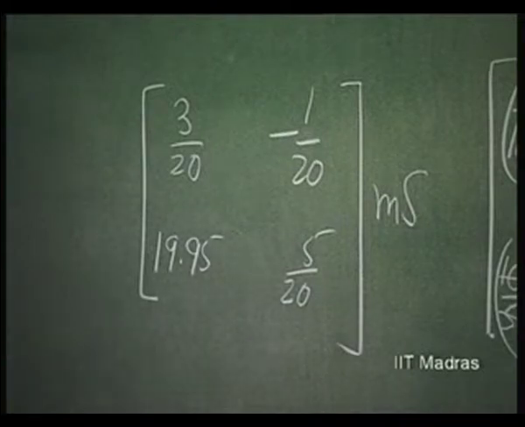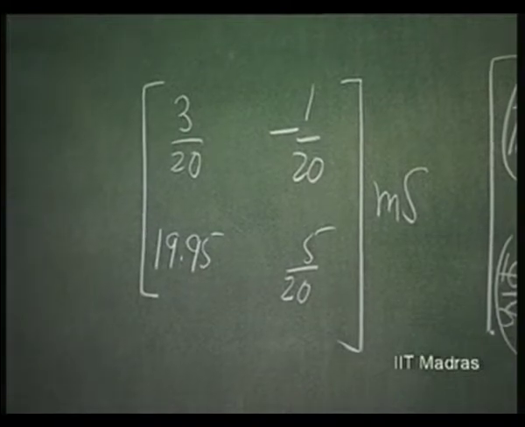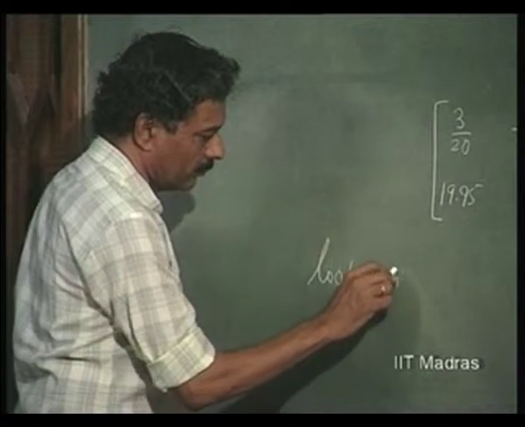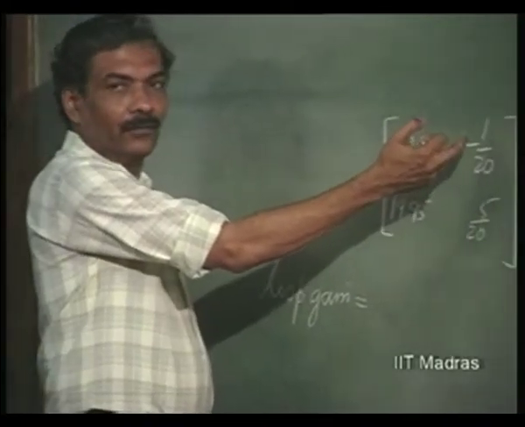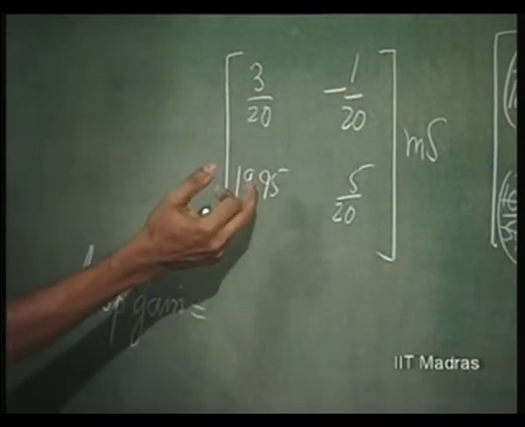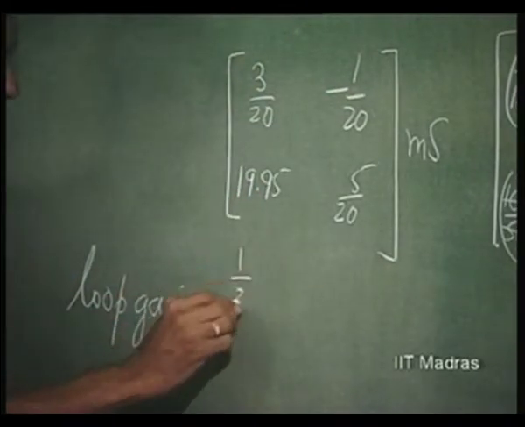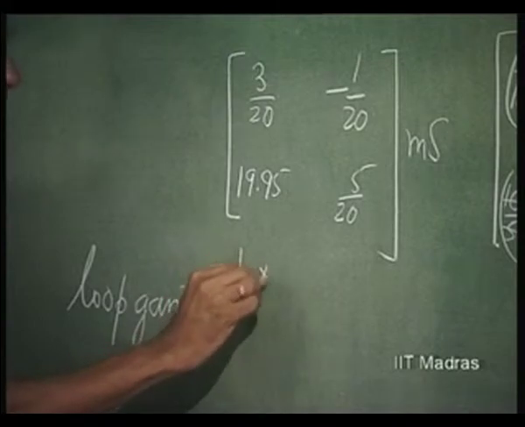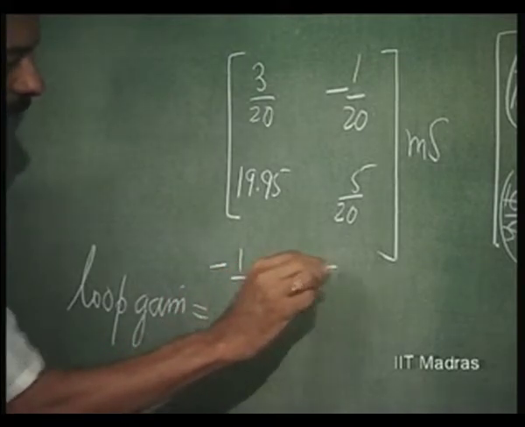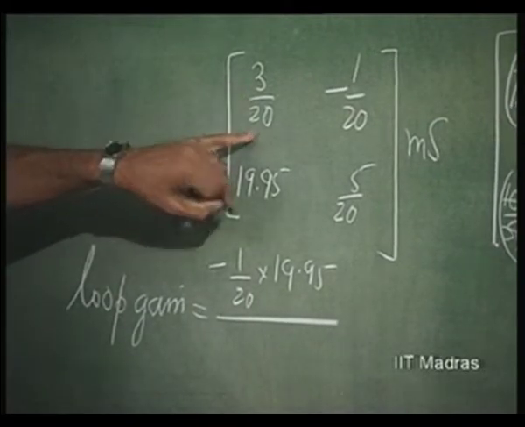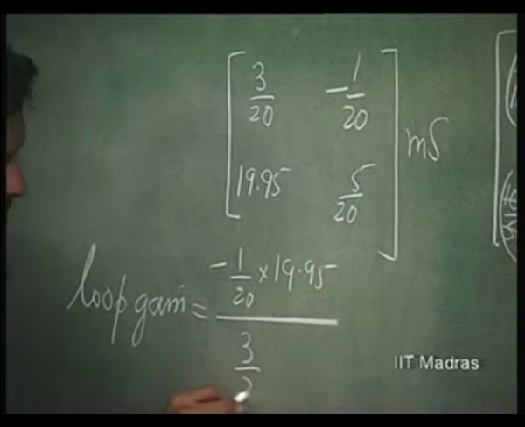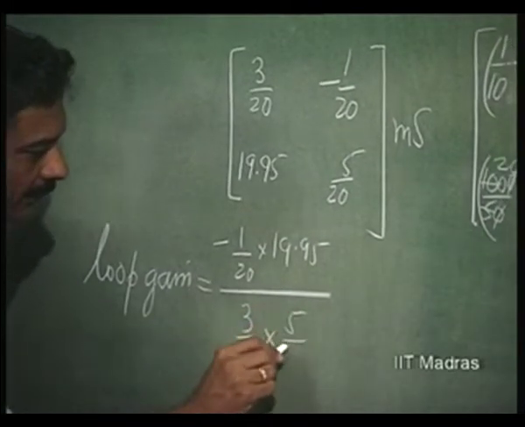So how do I find out the loop gain? Loop gain is equal to YR into YF. So 1 over 20 minus of that into 19.95, very nearly 1, of course, okay. 3 over 20 into 5 over 20.